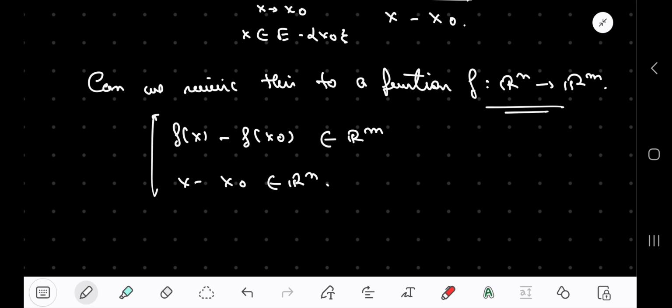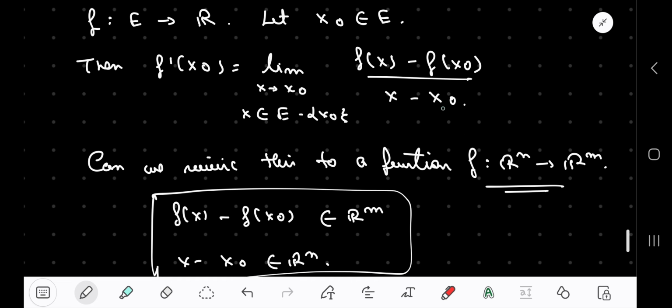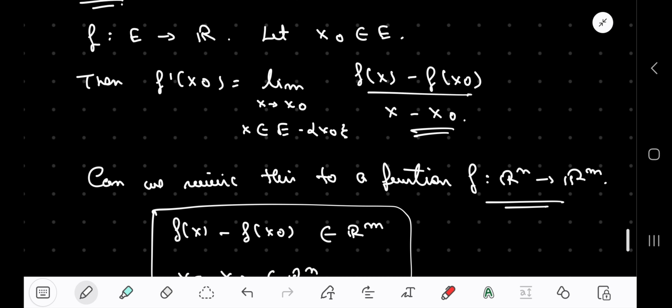So this quotient is undefined. This quotient is undefined, right? Therefore this cannot be immediately mimicked, but we can deviate away from this definition a bit to come up with a new theory of derivatives which is quite relevant and which can be generalized to an arbitrary space, right? How can we do that?